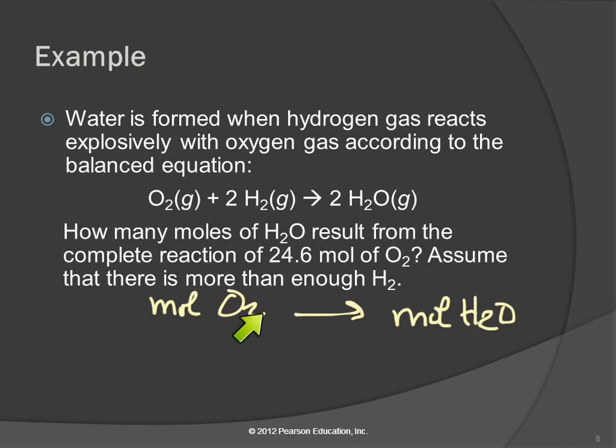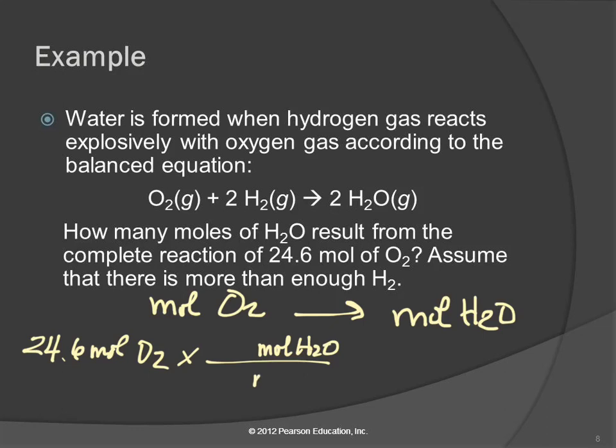Now, do you have to write down a real simple path like this? No, you don't. But if this is challenging for you, and I expect it would be for many of you, go ahead and write it down. It'll help. So 24.6 moles of oxygen. I'm going to let my units tell me what to do. I'm going to multiply by moles of H2O, and I'm going to divide by moles of oxygen. So those guys cancel out. The numbers, I don't have to calculate a molar mass.